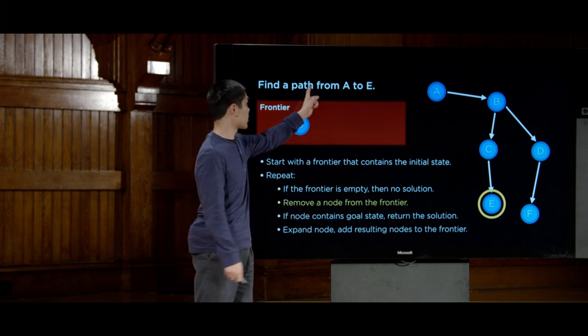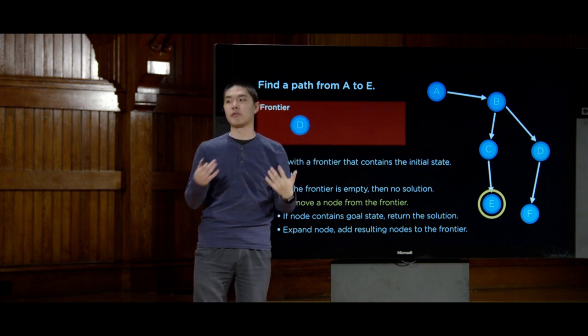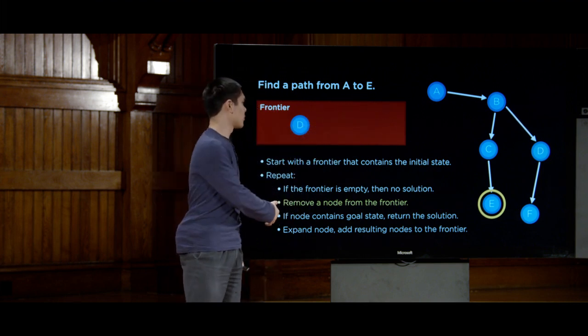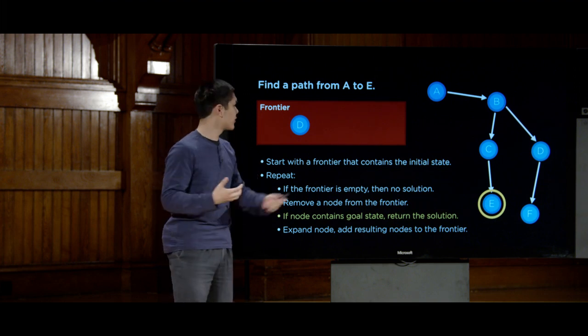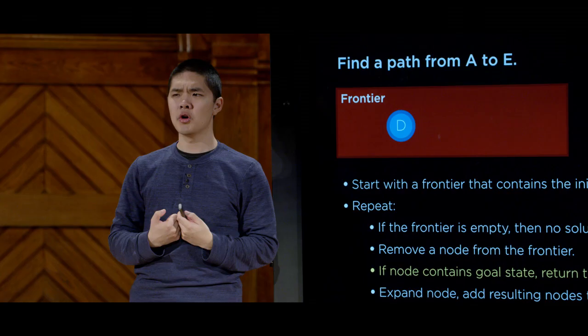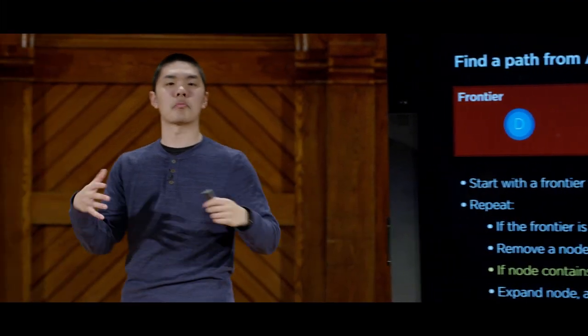It is, because I'm trying to find a path from A to E. So I would return the goal. And that now would be the solution, that I'm now able to return the solution, and I have found a path from A to E. So this is the general idea, the general approach of this search algorithm, to follow these steps, constantly removing nodes from the frontier until we're able to find a solution.